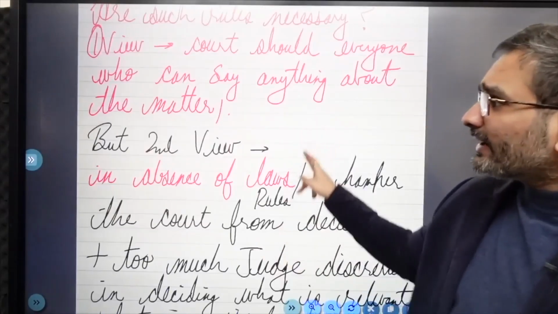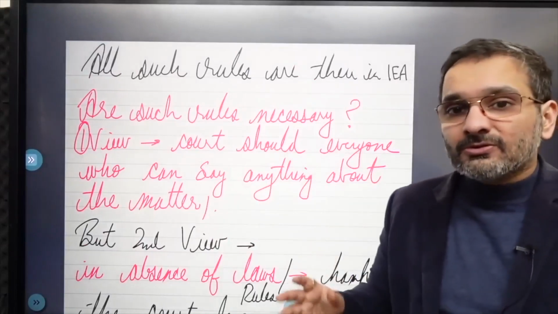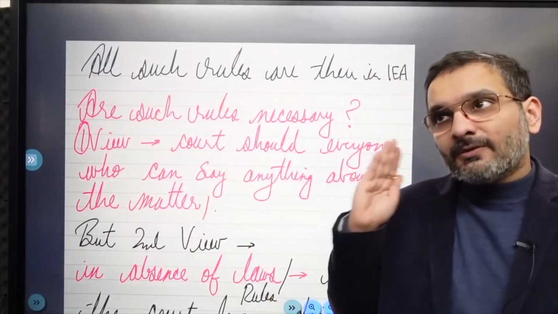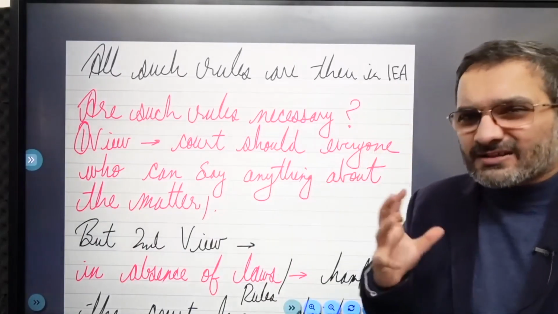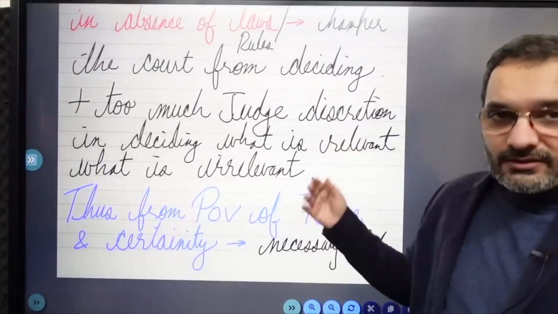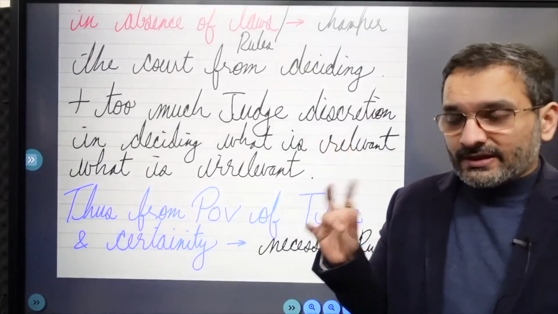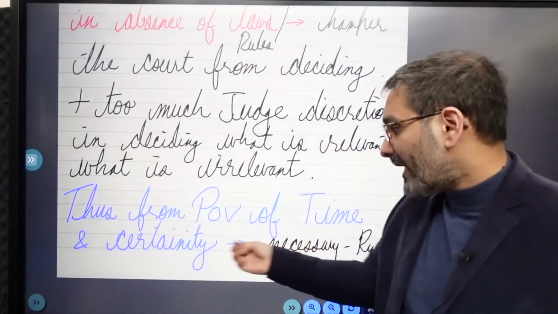So पहला view क्या कह रहा है? That the court should hear everyone who can say anything about that matter. कि सबको सुनो to provide, let us say, the most amount of justice, the ideal form of justice. But that is a very utopian state. तो second view क्या कह रहा है कि जी अगर rules और laws नहीं हुए तो फिर judge साहब will have too much discretion, right? So that's from the point of view of time and certainty.